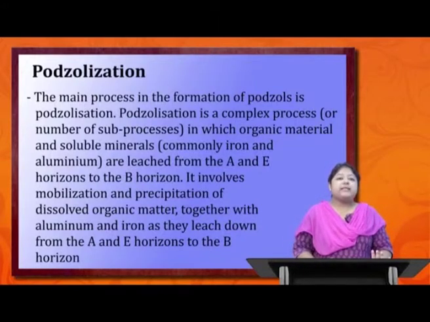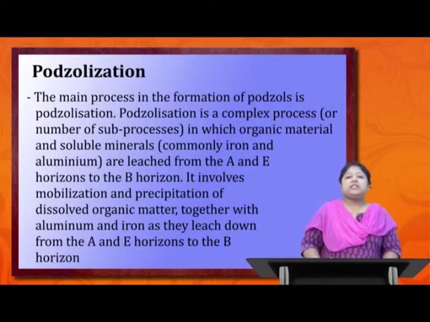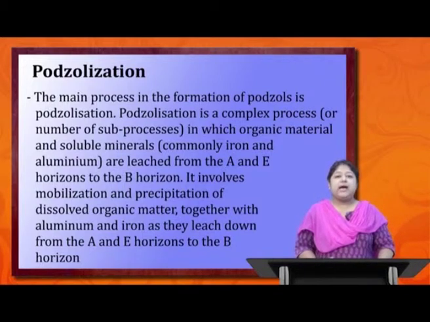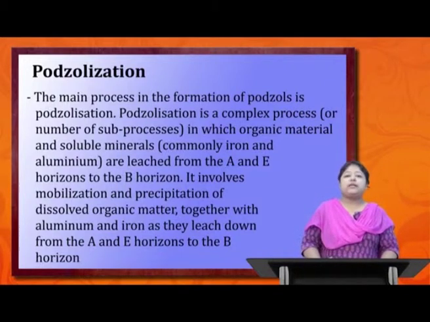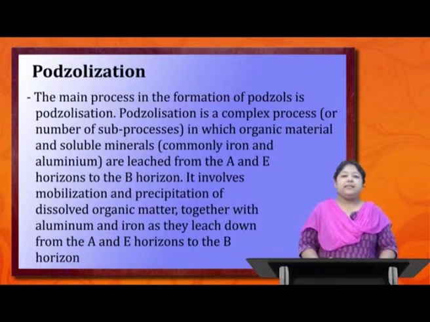Now, it is a complex process in which the organic material and soluble materials are leached from the A horizon and E horizon to the B horizon, and it involves the mobilization and the precipitation of dissolved organic matter together with aluminium and iron as they leach down from the A and the E horizons to the B horizon.